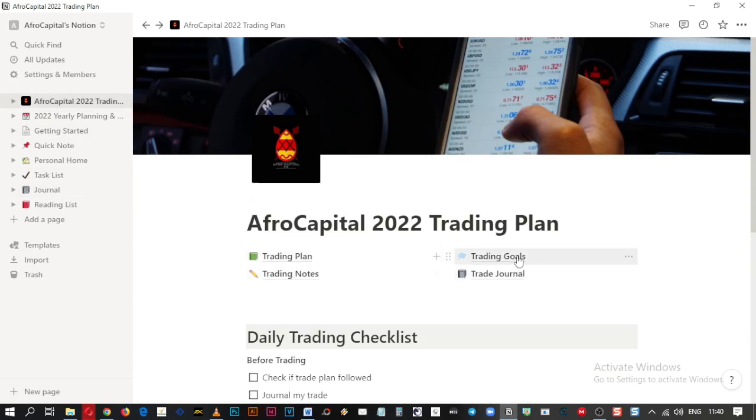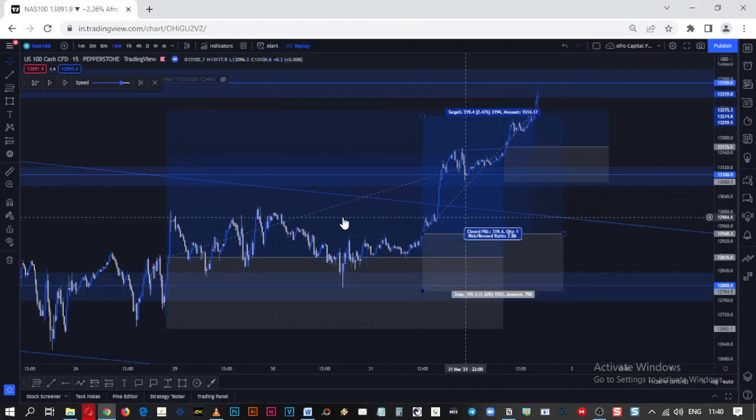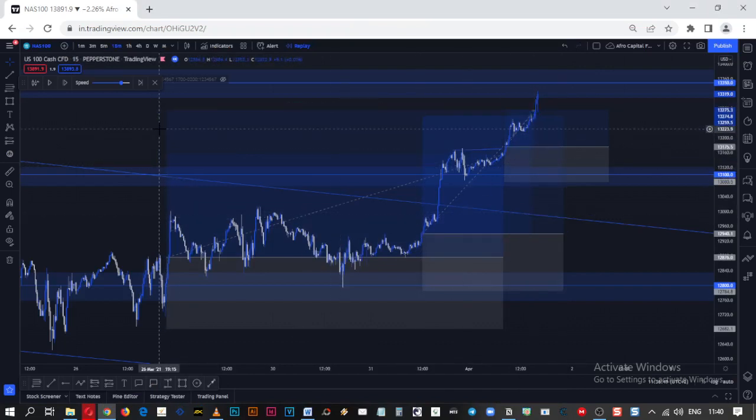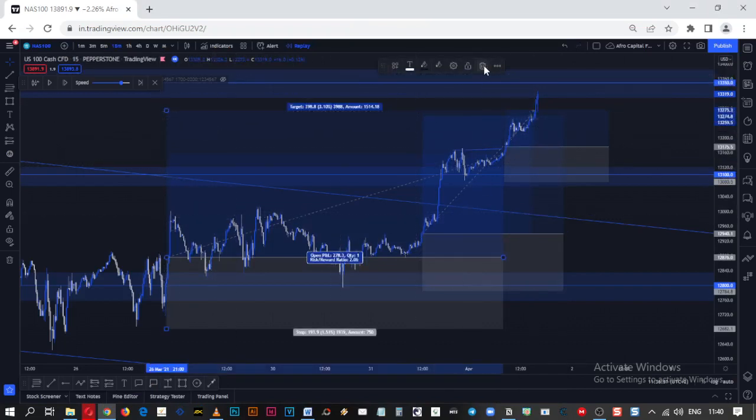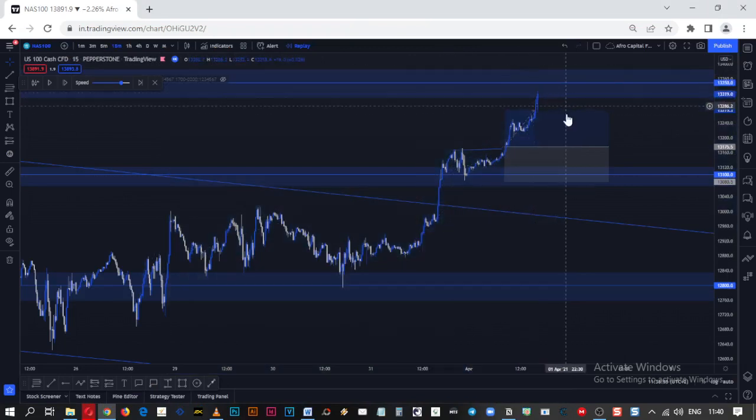My trading notes, my trading goals, my trading journal. That is the app I use for journaling my trading and keeping it all in one place, and also my goals, as I highlighted in the first place, that trading is not only about the strategy you're using. It is mostly about your psychological well-being, how you handle certain situations.